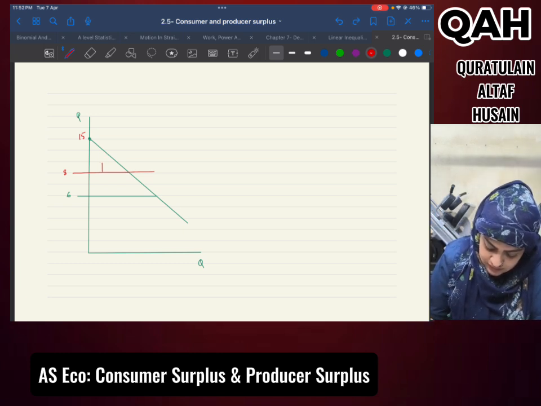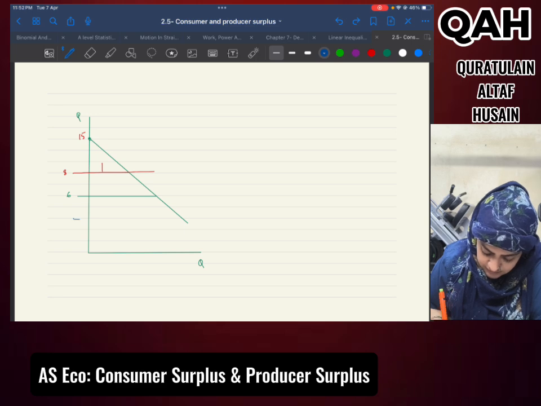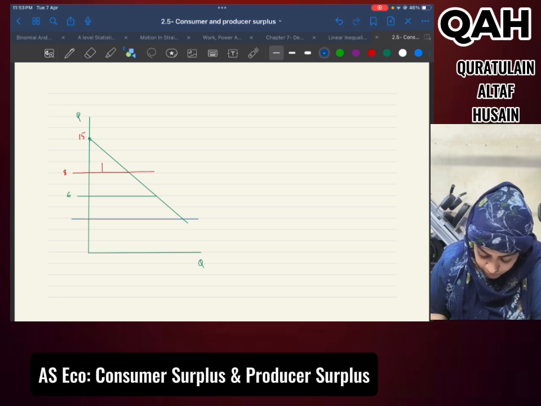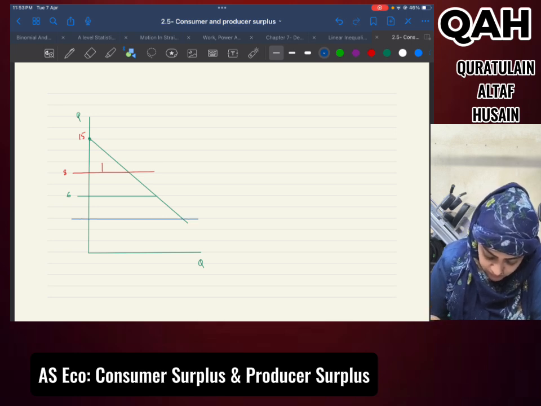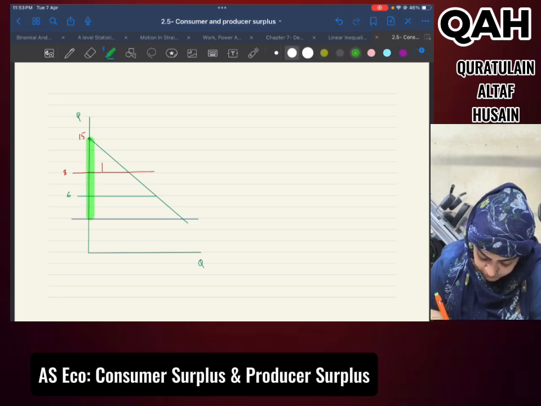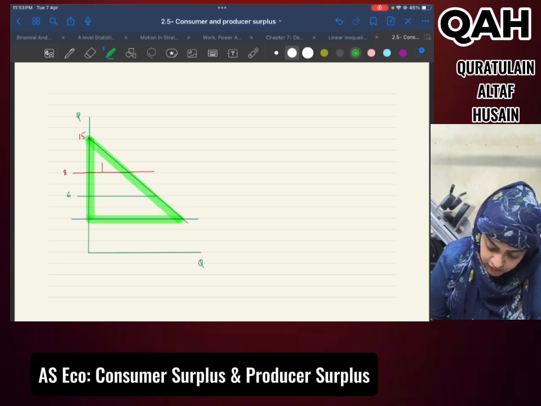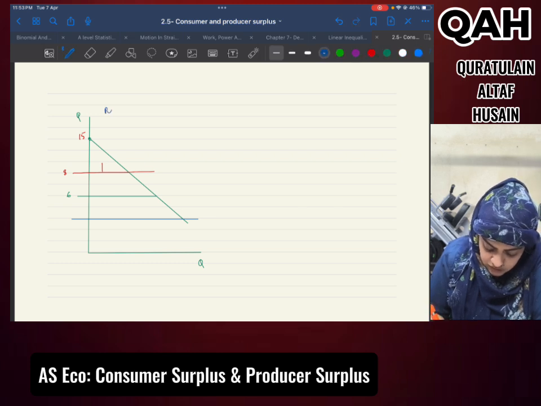Another scenario is that the price decreases. When the price decreases, we can visually see that the area above the price and below the demand curve increases. So scenario number one is that price changes. When price changes, consumer surplus changes.